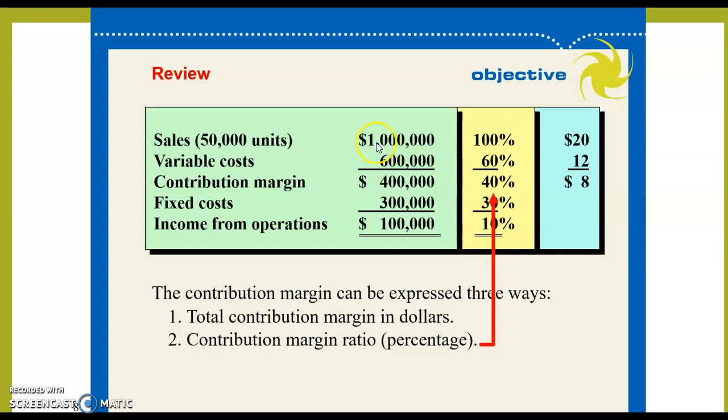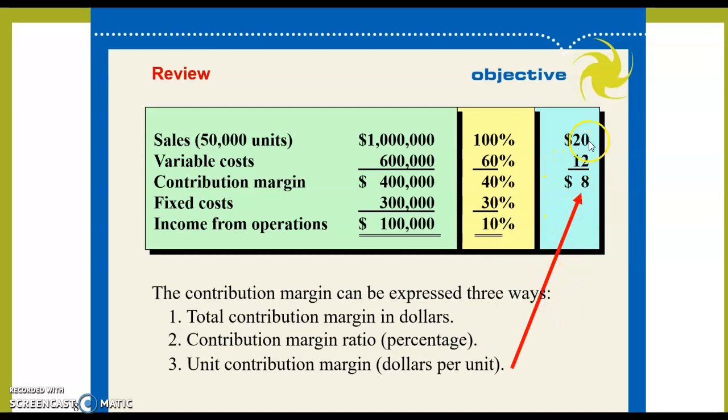So you would take each number, so 1 million divided by 1 million is 100%, 600,000 divided by 1 million is 60%, 400,000 divided by 1 million is our contribution margin ratio, 40%, 300,000 divided by 1 million is 30%, 100,000 divided by 1 million is 10%. So that can be all put in percentages. Okay, and the final light blue bar shows you the contribution margin per unit, $20 of sales price for 1 unit minus variable cost for 1 unit of 12 is the contribution margin.